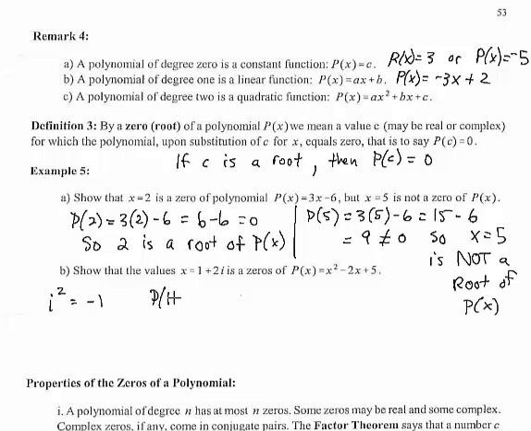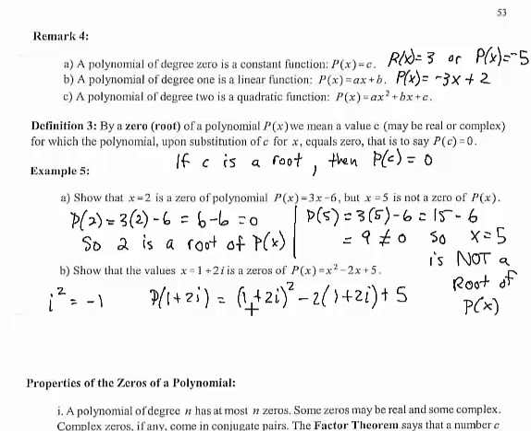We calculate P of 1 plus 2i. That equals 1 plus 2i squared minus 2 times 1 plus 2i plus 5.